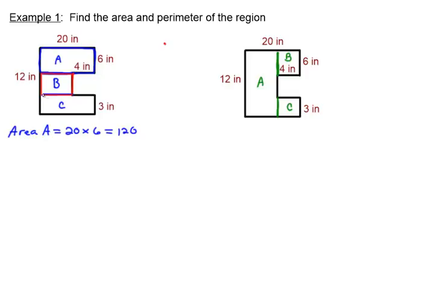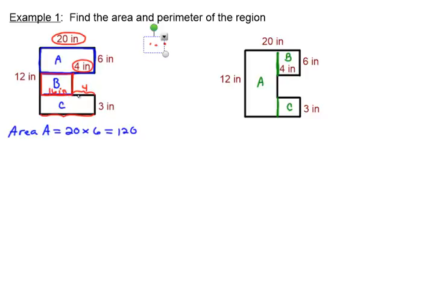Alright, first of all, I don't know the length of this bottom right here. But here's how I find it. I know that my total length on the bottom is 20. If I move in and take this little piece out, I know that this little piece is 4. So if I take 20 minus 4, that'll give me 16 inches.